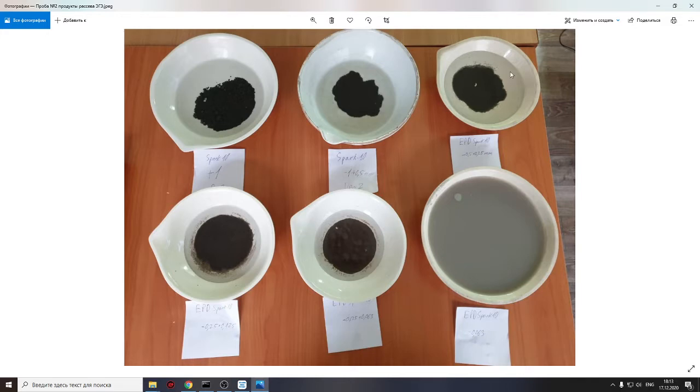But we're still in the process of looking at fractions 0.5 and 0.25 millimeters. And now we will do the hand picking from the HS concentrate of this fraction for sulfides.